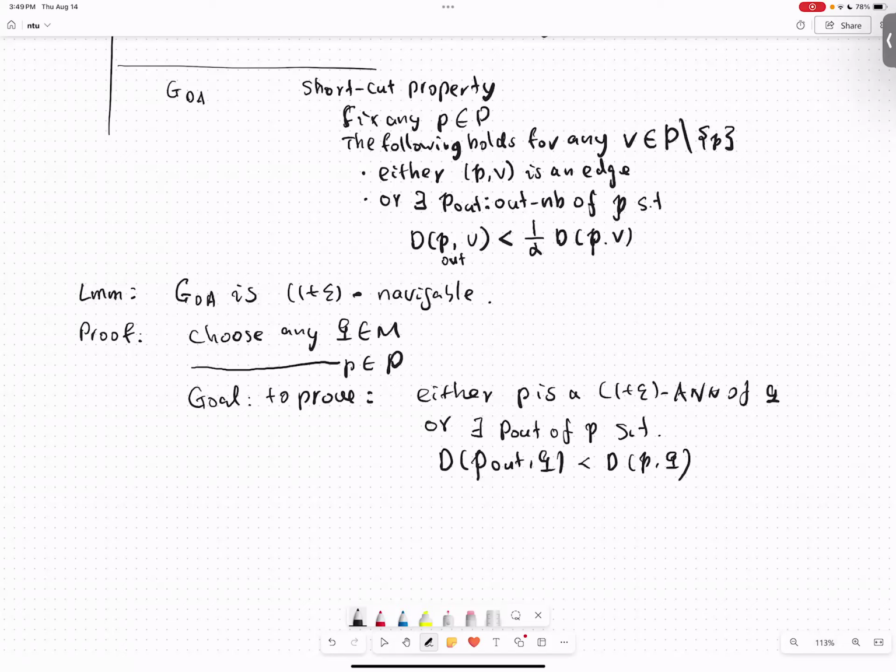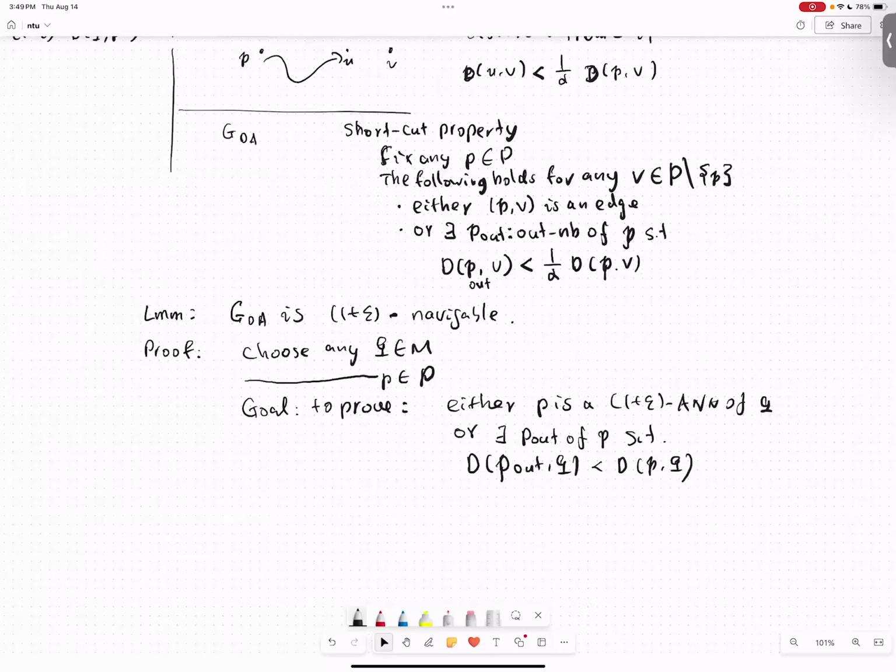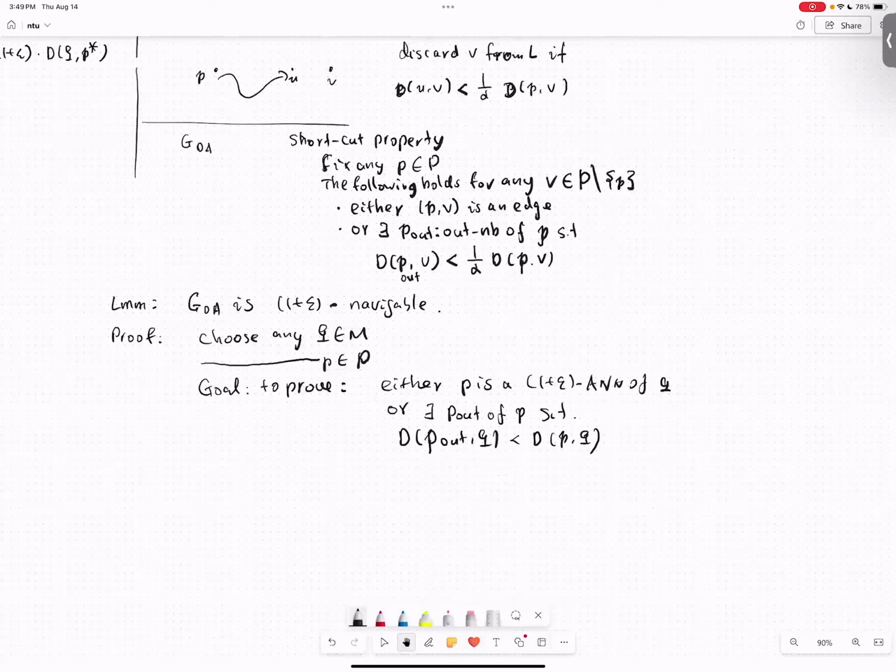So this is the definition of 1 plus epsilon navigable, and we want to prove that this is true.